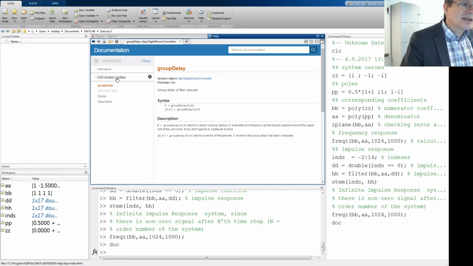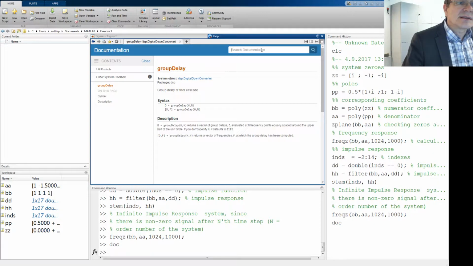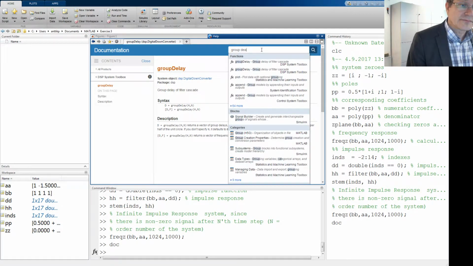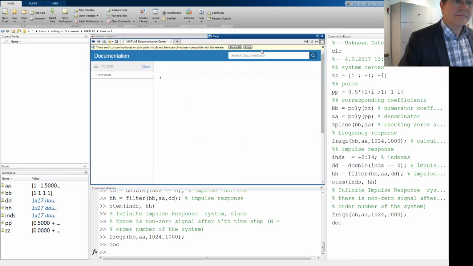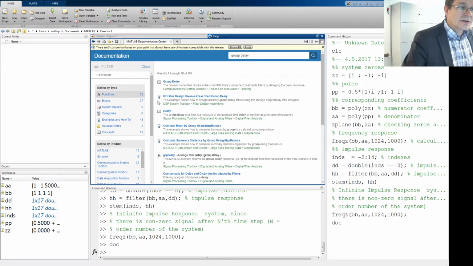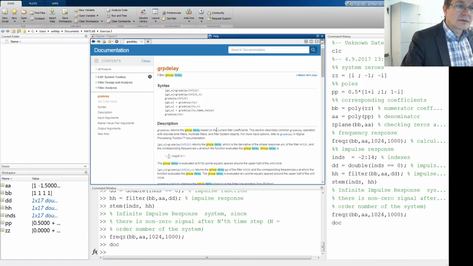This is the DSP System Toolbox, that's on group delay functions. Okay, grpdelay. Group delay, then the filter coefficients. Excellent.